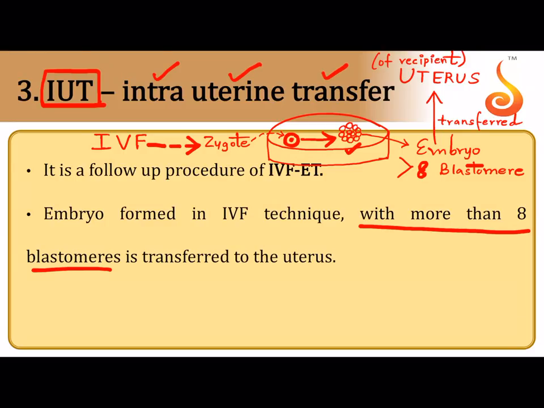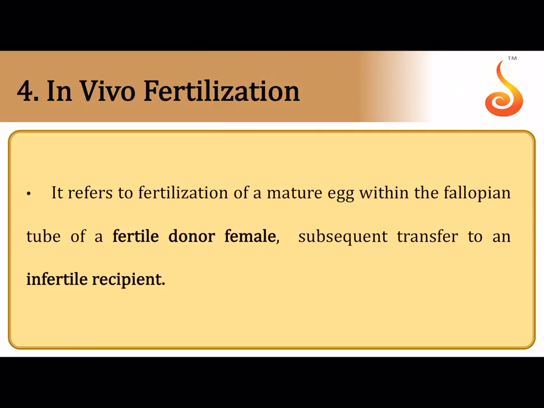So the zygote develops into an embryo which has more than 8 blastomeres, and this embryo is transferred not into the fallopian tube, but into the uterus. Did you understand? So two variations of IVF: one is a zygote or embryo with less than 8 blastomeres in the case of ZIFT, or an embryo with more than 8 blastomeres in the case of IUT. Okay?